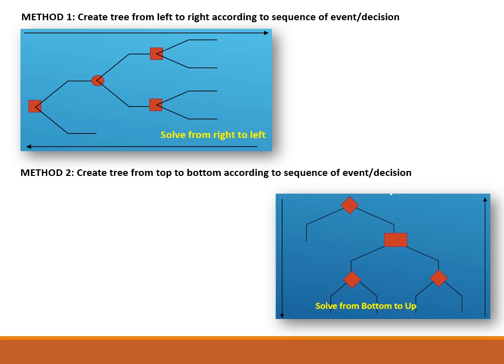The second method is to do it vertically, where you create the tree from top to bottom, and then you solve from bottom to up. In this class, I would focus on the horizontal type of drawing a decision tree because it uses less space.